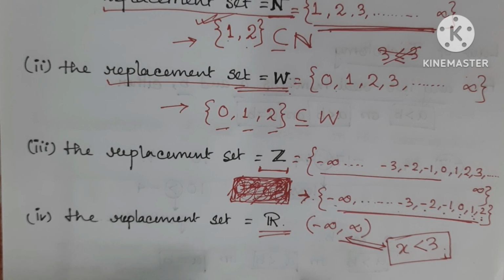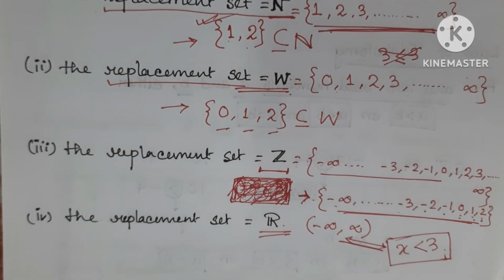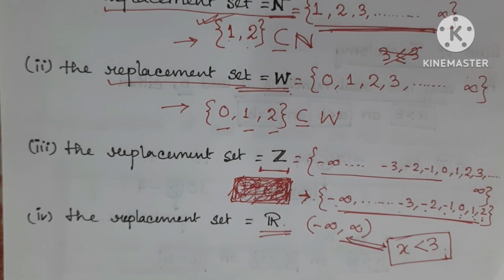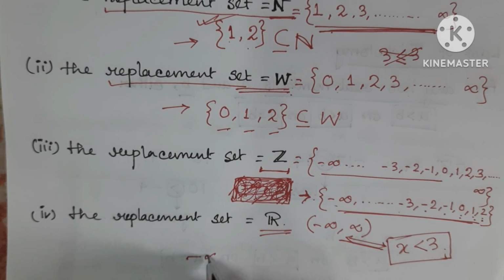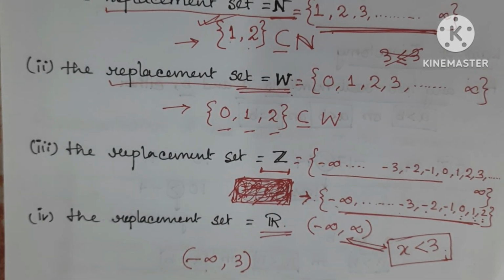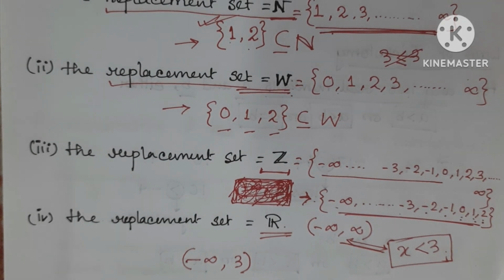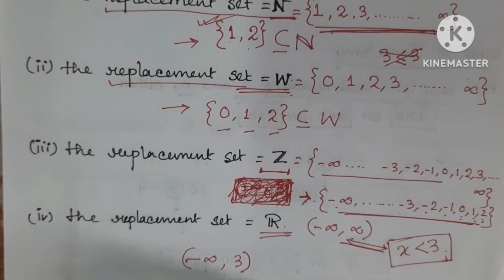You just have to end up just before 3. So that means minus infinity to 3, that will be the answer.